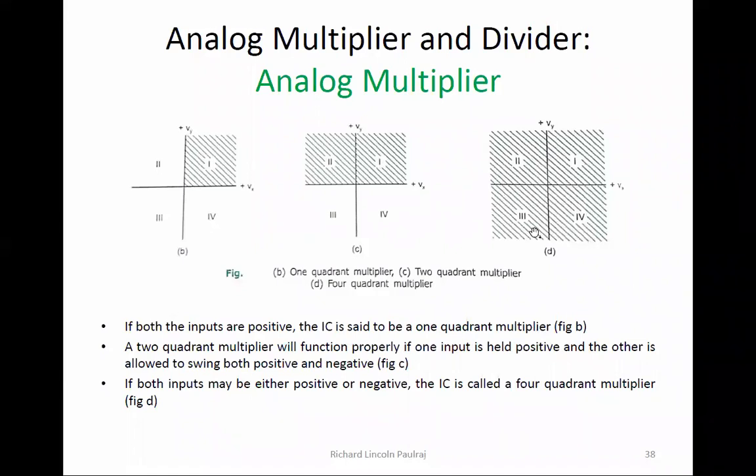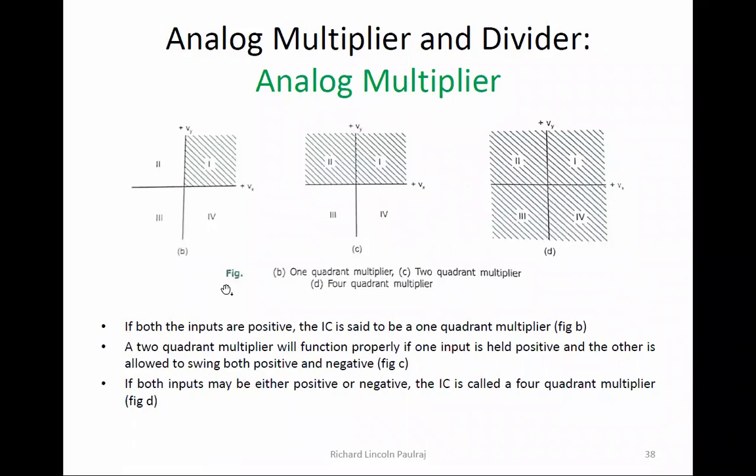If it's occupying all four quadrants, it has combinations of all these plus and minus, while here it is occupying only the first and second, and here only the first quadrant. What do you mean by occupying? It means the combination of inputs that you are giving. It could be plus and minus, or plus and plus. So that falls in this quadrant range.